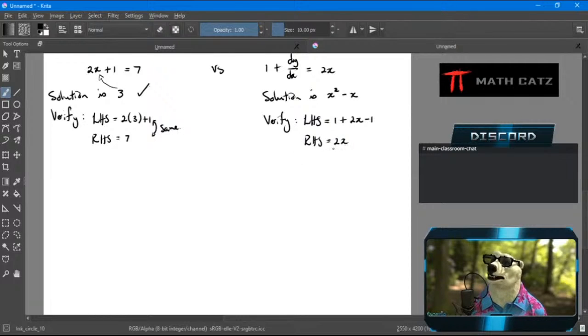Remember, I'm not looking at a number value of x. My answers are functions. They are the same. Therefore, yes, it's a solution. So my approach to equations is the same. These equations are the same.